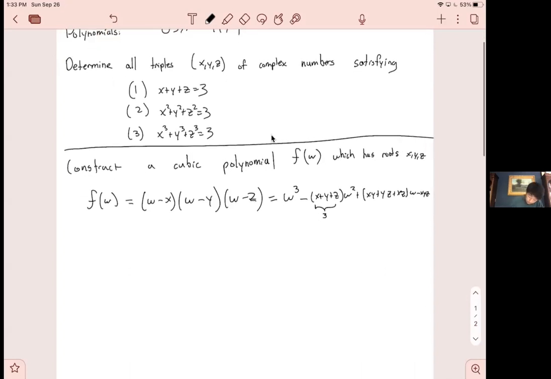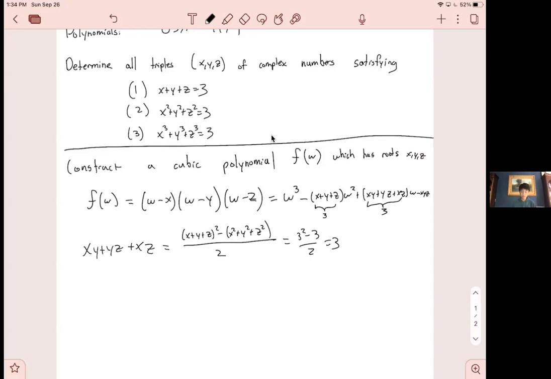And then we can also get that xy plus yz plus xz equals ((x plus y plus z) squared minus (x squared plus y squared plus z squared)) over 2, which equals 3. This is a pretty commonly used trick. So we have those two coefficients, so we're nearly there to fully determining f of w.